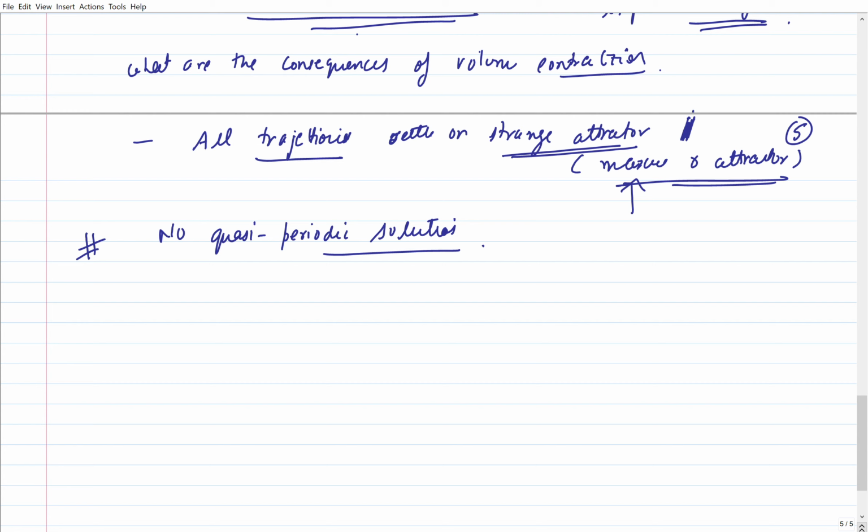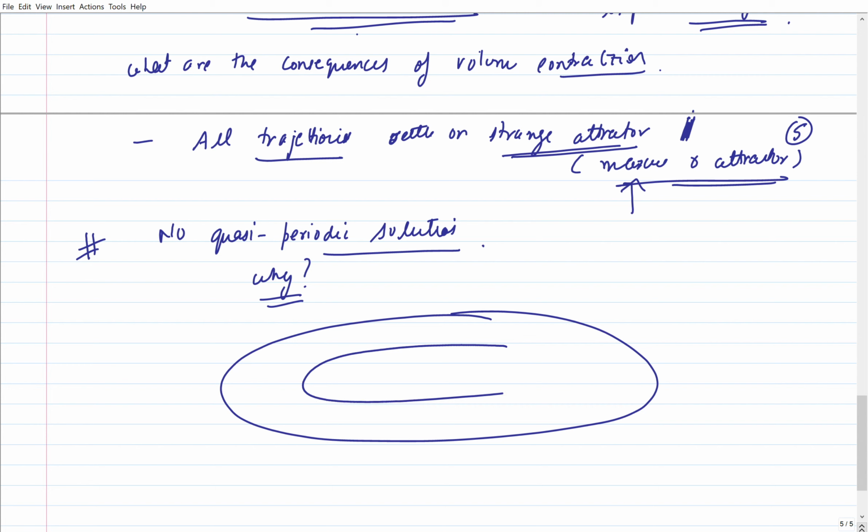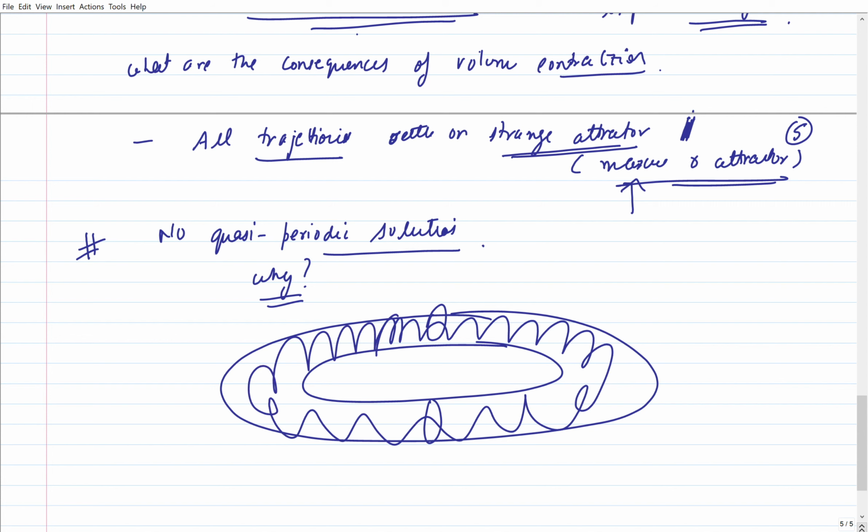Why? Can you guess? If we assume there are quasi-periodic solutions, then we are going to run into paradoxes. So, for example, let's say I had a quasi-periodic solution on a torus. This is not possible for a volume contracting system.